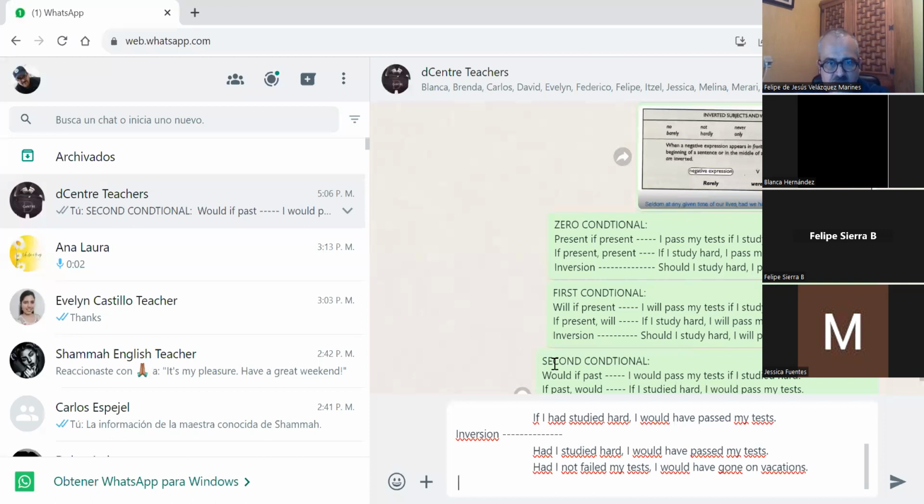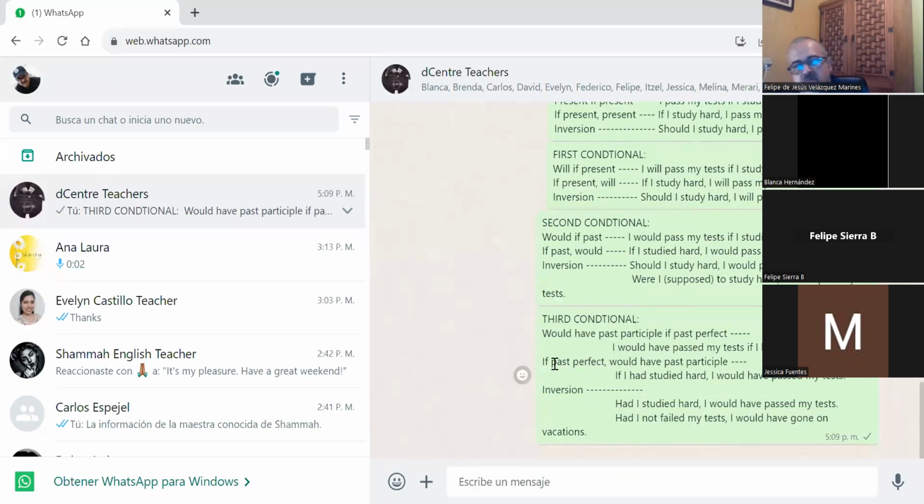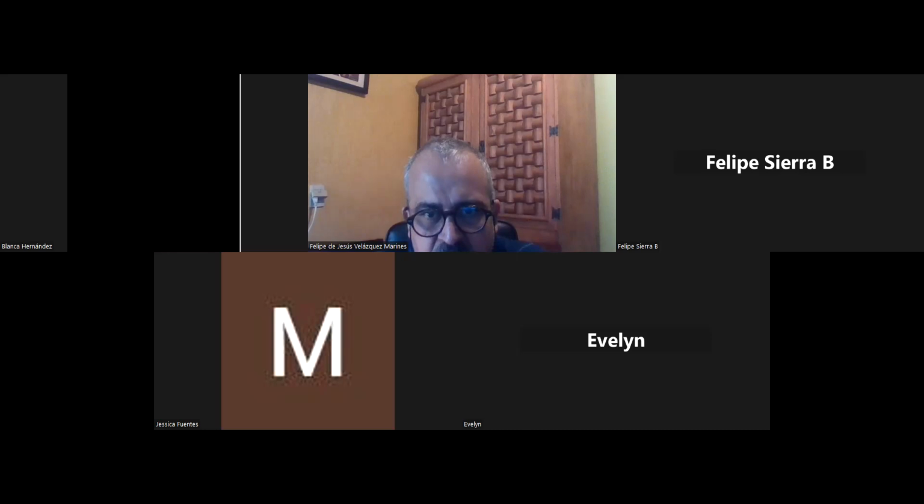Yes. Okay. Had I not failed. You can say, hadn't I failed my test, but this is only for speaking. Okay. So these are the different forms of subject verb inversion with conditions.